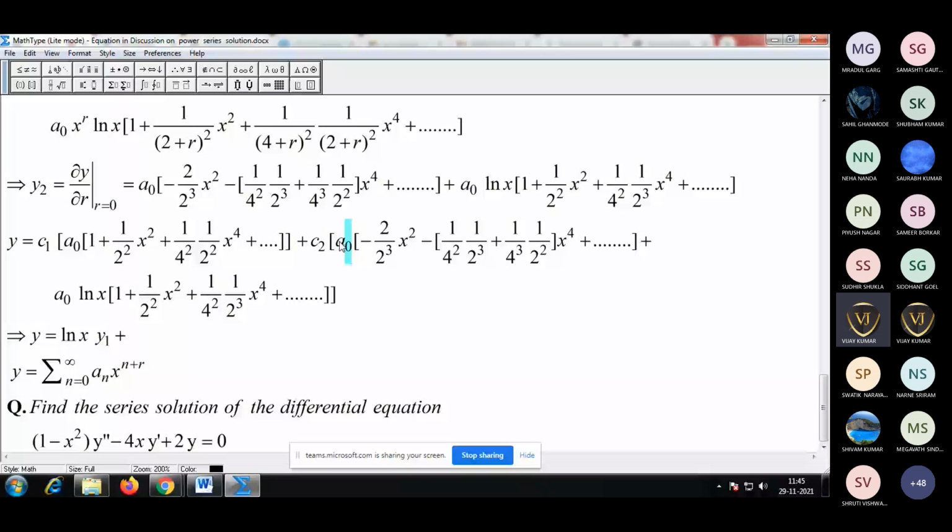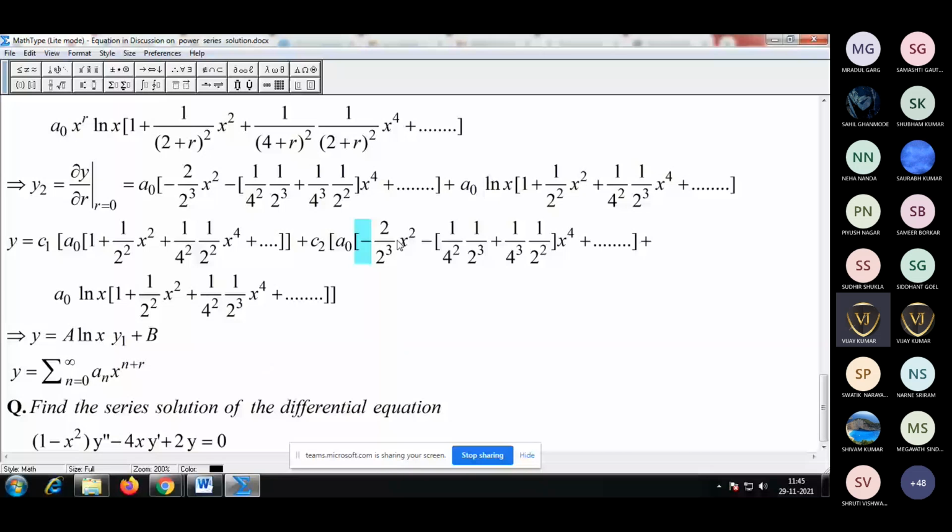In fact, we may take the minus sign common also, and use some constant capital A. This whole can be taken as constant D, so plus D, minus you may take common.